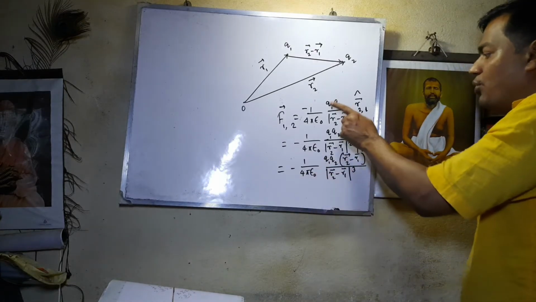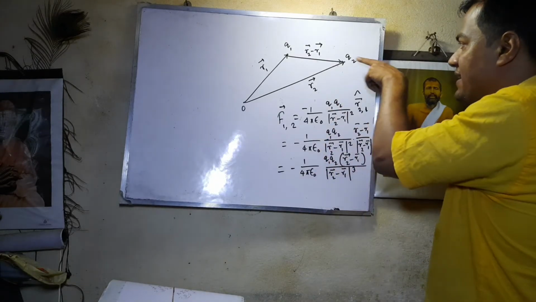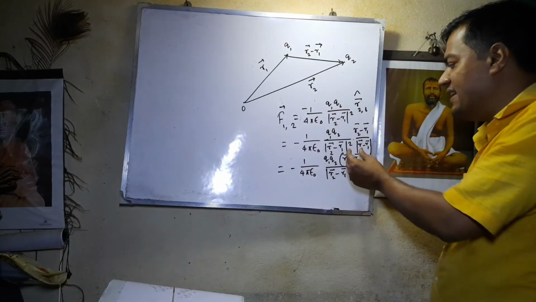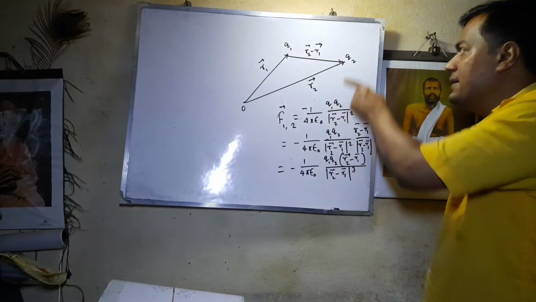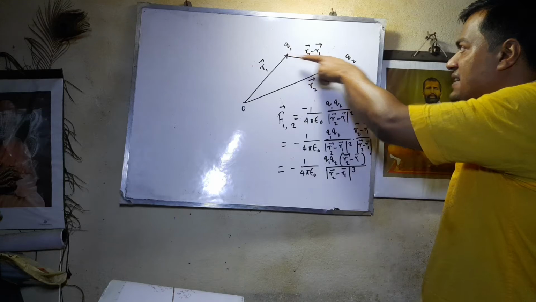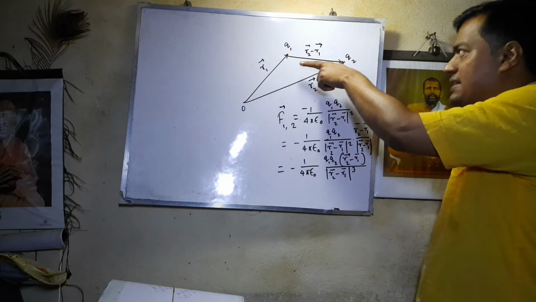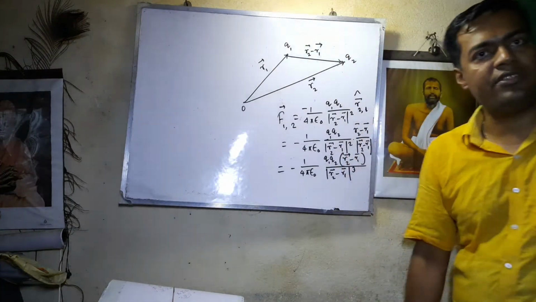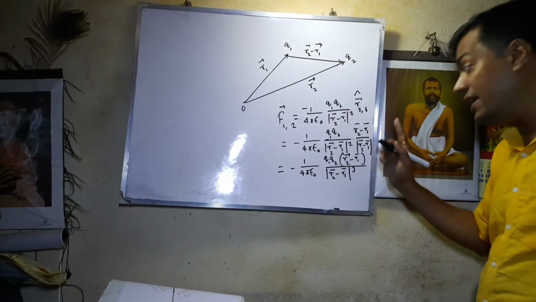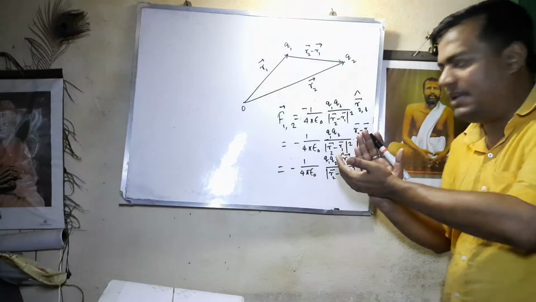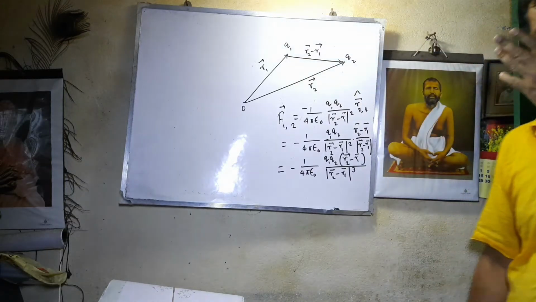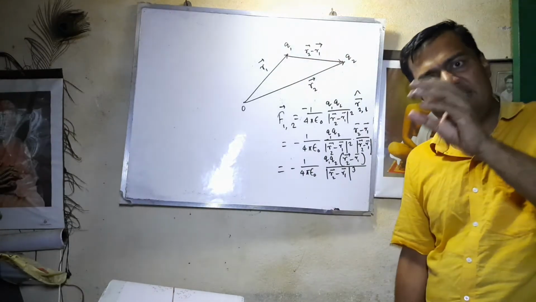That means the force is in the direction opposite to that of the R2 minus R1 vector. That means the force on the first charge will be in this direction, that is, the force is repulsive. So when R2 minus R1 is positive, the force is repulsive. When R2 minus R1 itself is negative, negative times negative is positive, and the force will be attractive. The negative sign bears only this significance.